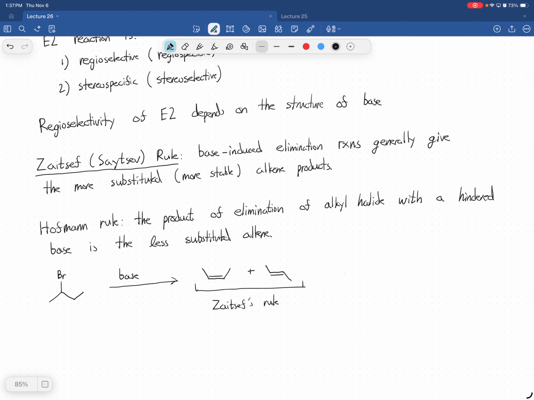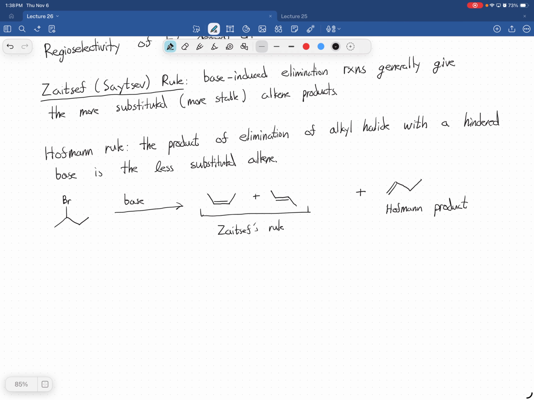And then you might get some of the less substituted alkene. So this would be Hoffman's product. So depending on what base you use, you're going to get a different product in different ratios.